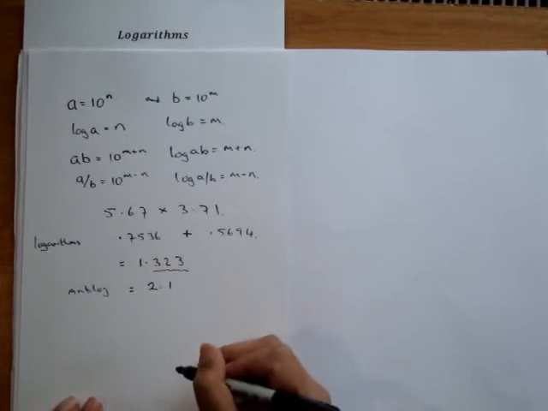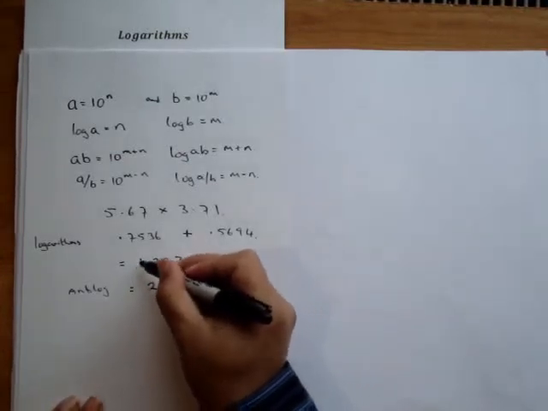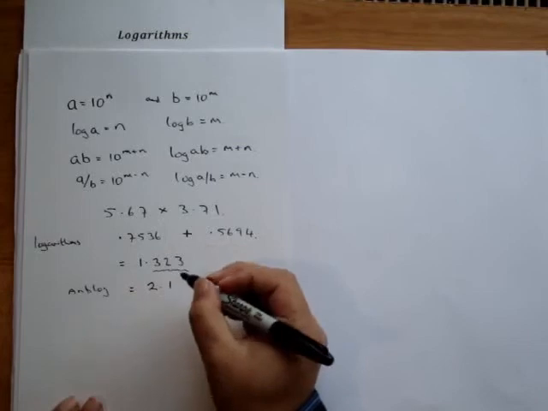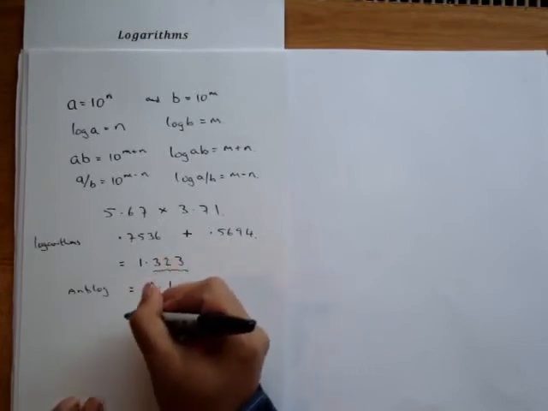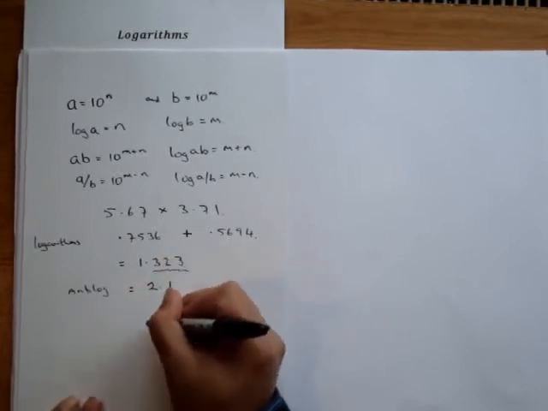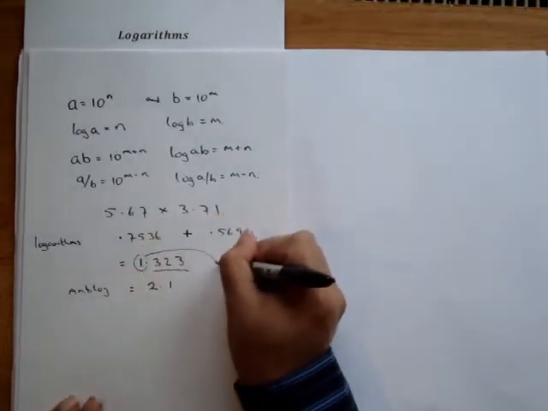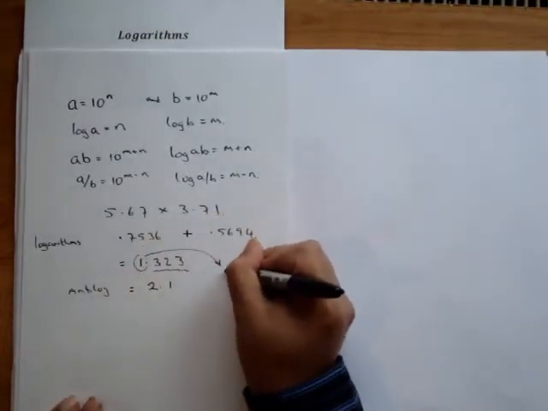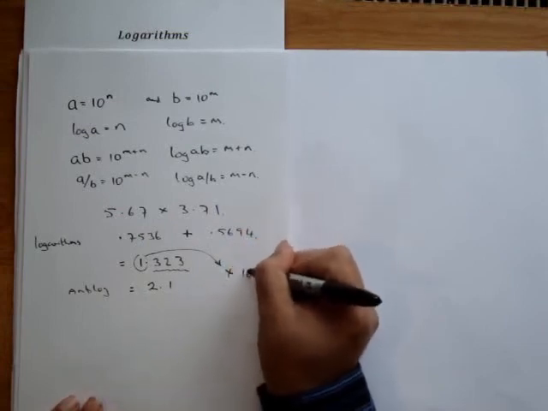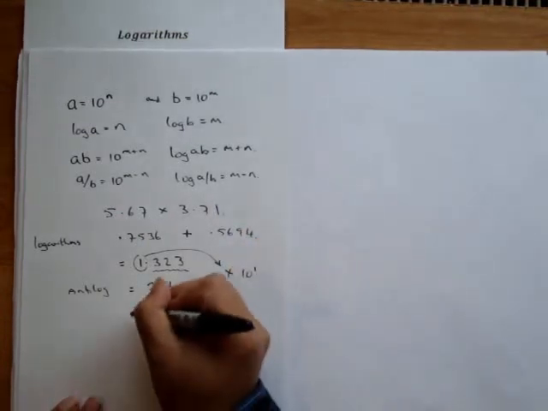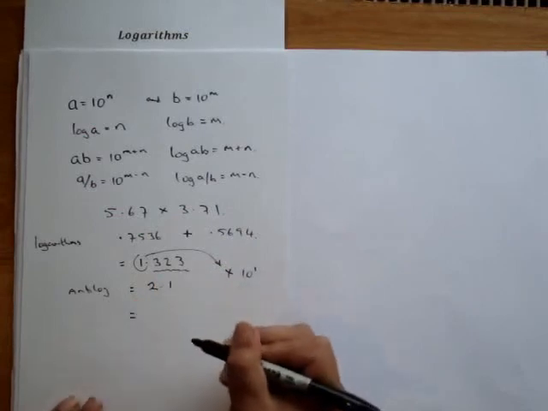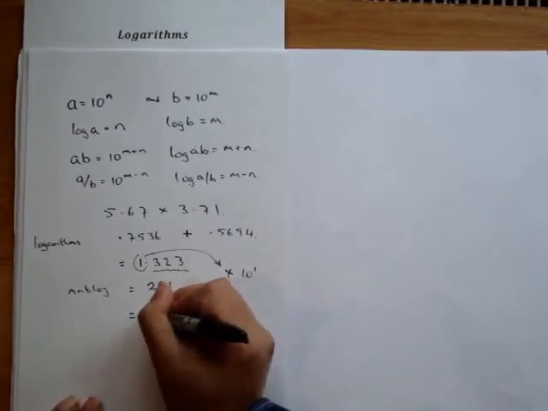Okay. Now, we didn't use this 1. What does this 1 mean? The 1 here means we multiply this by 10 to the 1. So our answer would be 21.